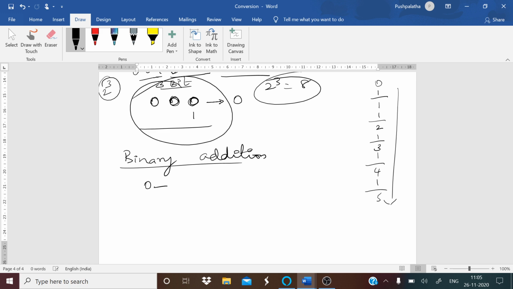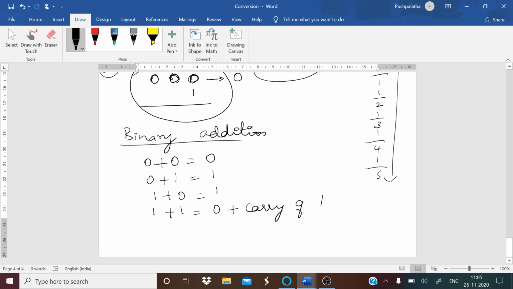So 0 plus 0 is 0. 0 plus 1 is always 1. 1 plus 0 is always 1. And 1 plus 1 is 0 plus carry of 1. You are going to carry 1. So this is the rule for binary addition that you have to know.